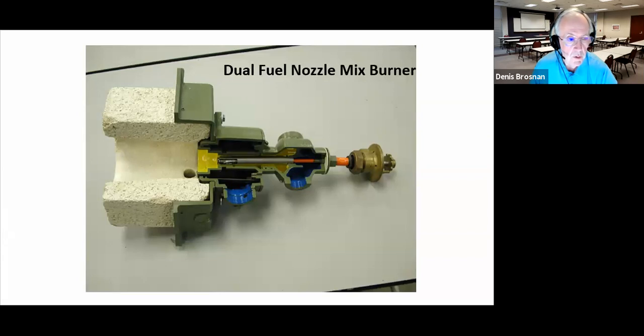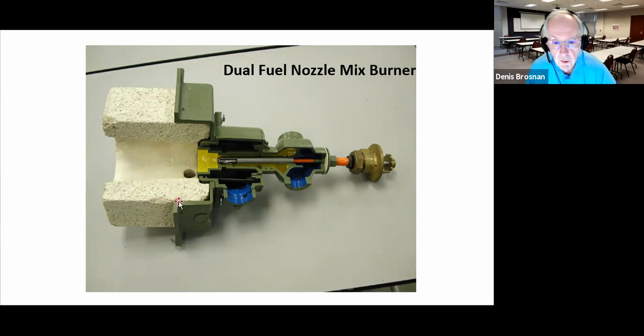Now, the Hauck people were very kind to supply me with a cutaway burner to use in my classes at the university. So they've cut away the burner tile here. You can see the refractory part that's forming the combustion area in this nozzle mix burner.